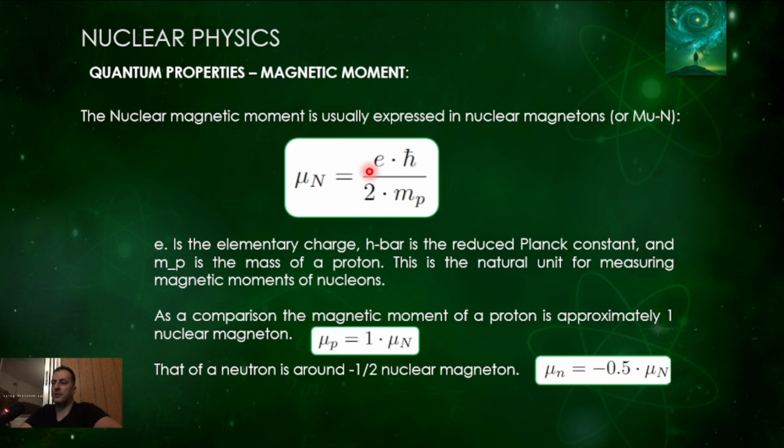So the nuclear magneton is equal to the elementary charge times the reduced Planck constant, divided by twice the mass of a proton. As a comparison, the magnetic moment of a proton is approximately 1 nuclear magneton, μp equals 1 μn. That of a neutron is equal to minus 0.5 magneton.